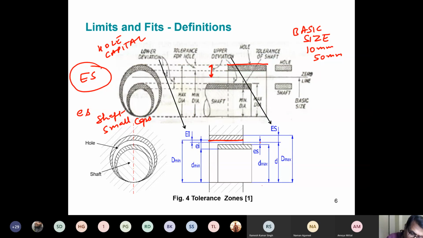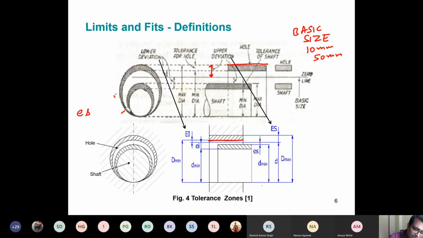So this is the largest dimension, and this is the smallest dimension of the hole. So this is D min, and this one is D max.